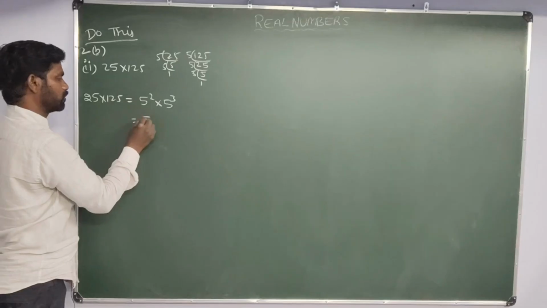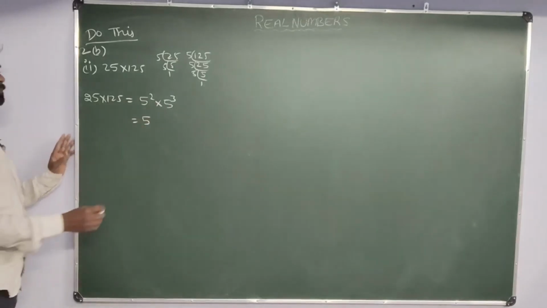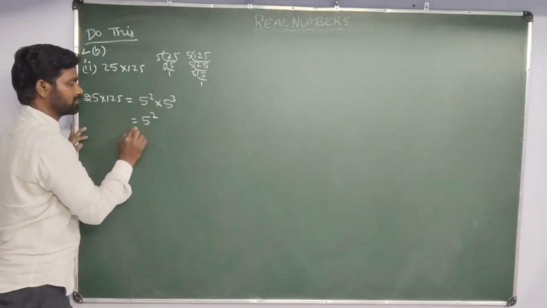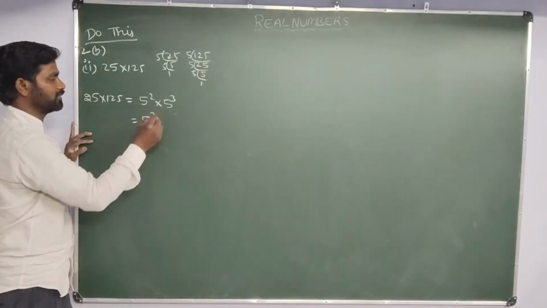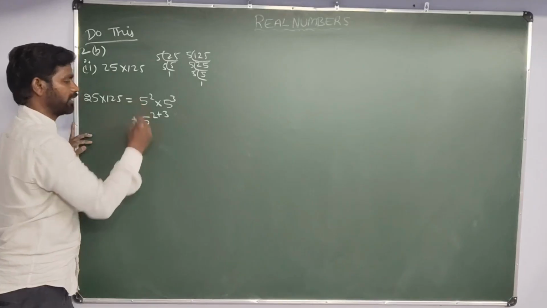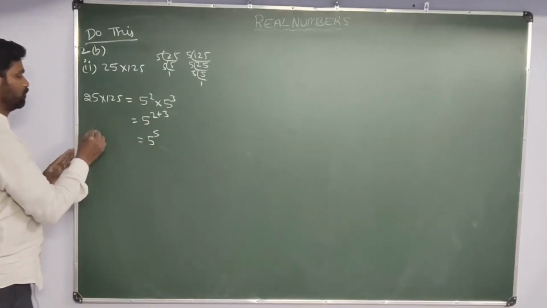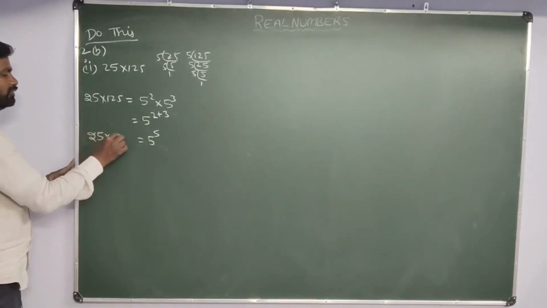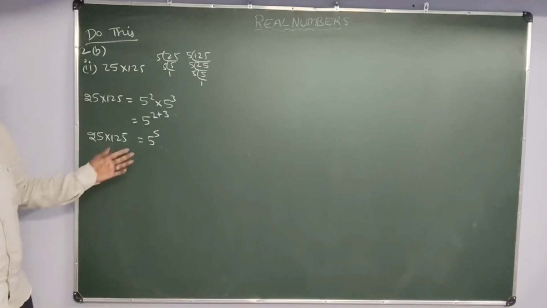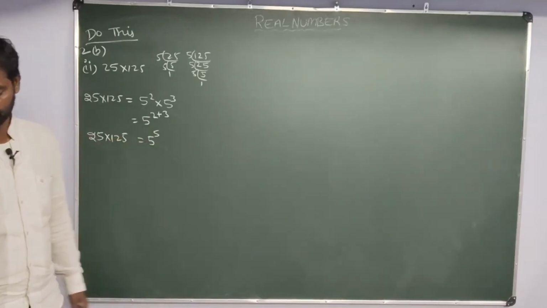So when the bases are same, their powers must be added. So here the bases are same, just write only one base, then add the powers. So 5 power 5. So we have written 25 into 125 in the simplest exponential form.